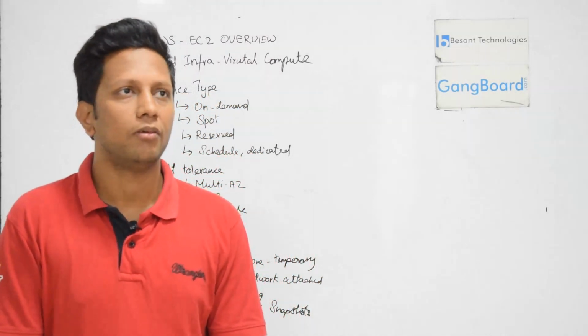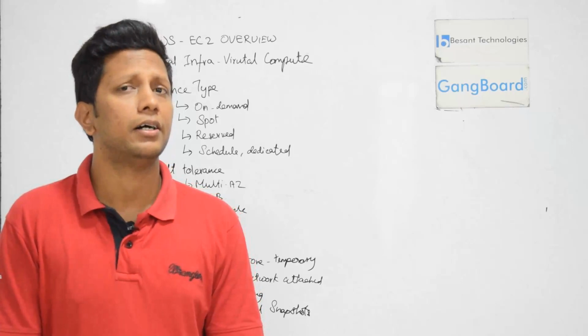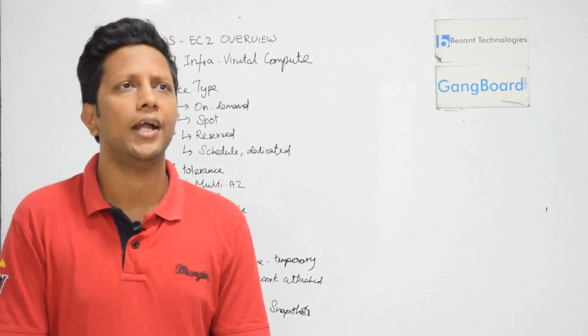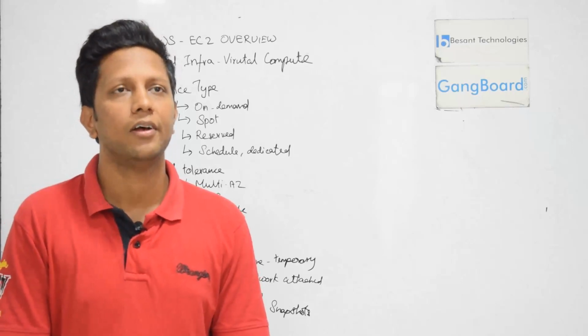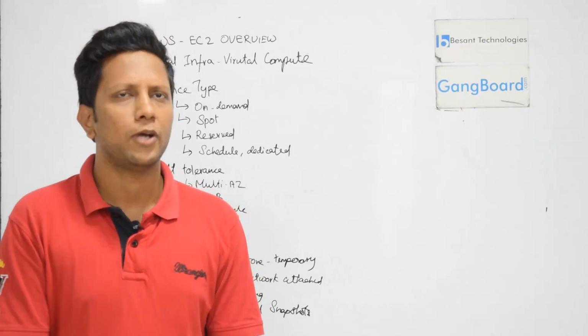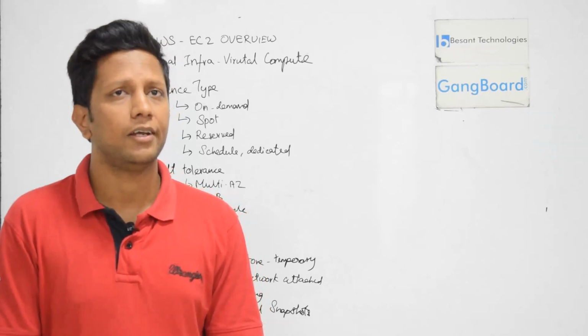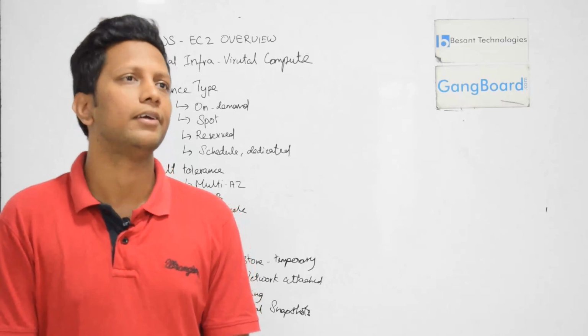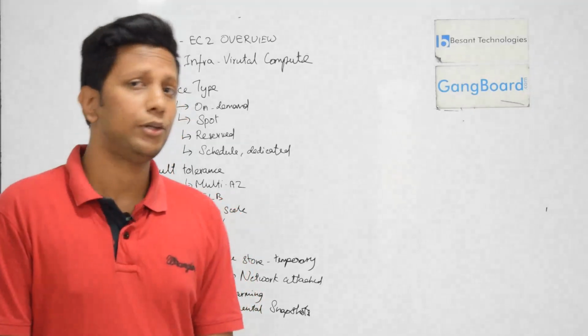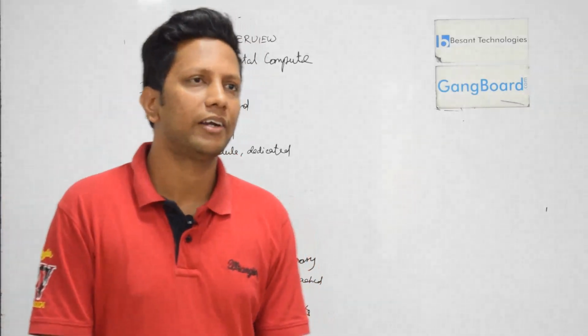Because it has many fault tolerance and high availability techniques, and it purely depends on the application and the availability needs. So basically the EC2 instance does not provide any fault tolerance.